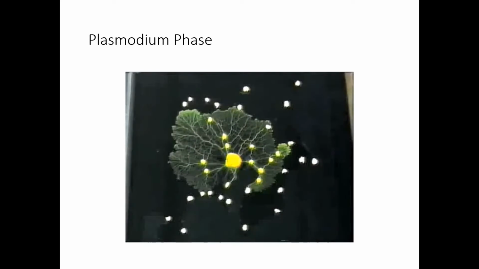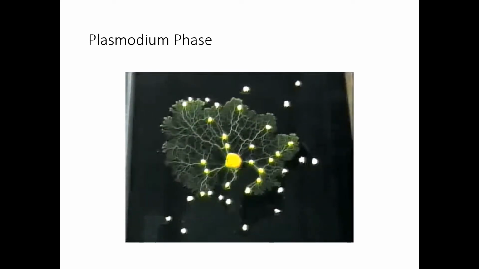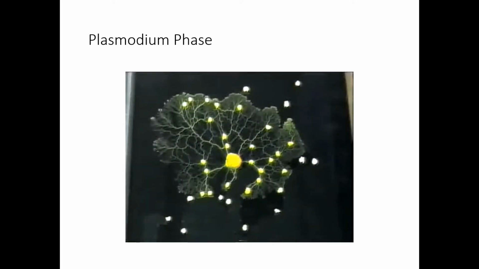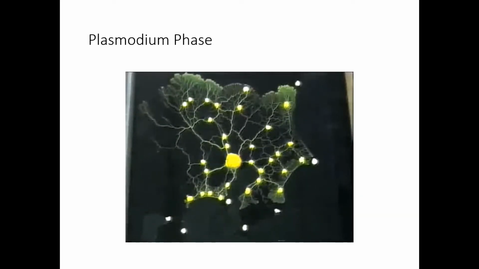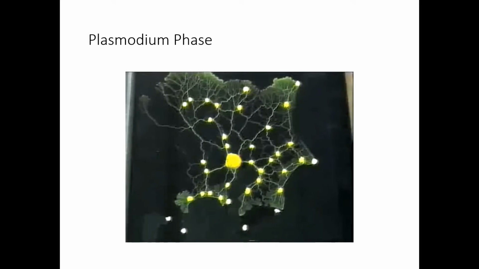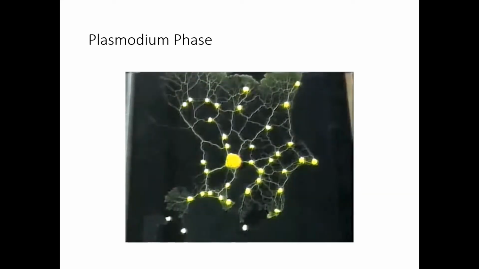This phase is called the exploration phase. And once they find a food resource, they begin to shrink their network to find the optimal path toward the food resource.